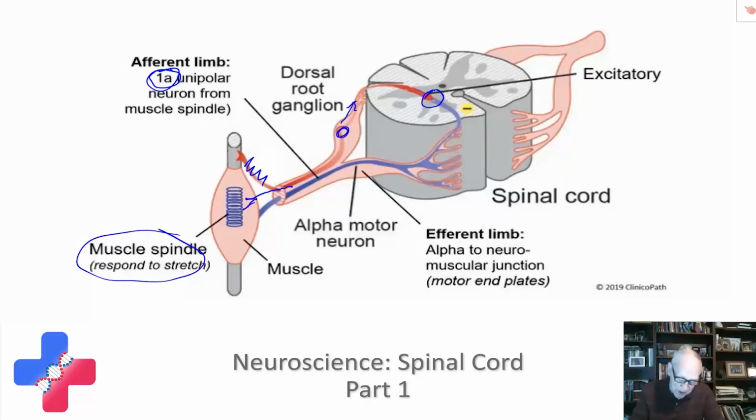And so here is your alpha. This is your motor side of this reflex. So the alpha is the motor side, and the 1A is the sensory, afferent side of this reflex.